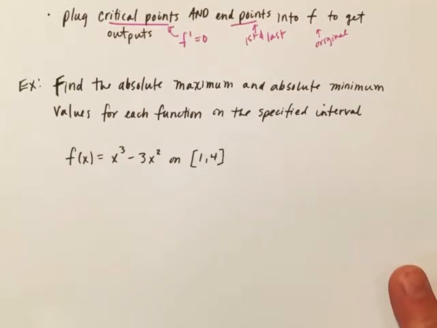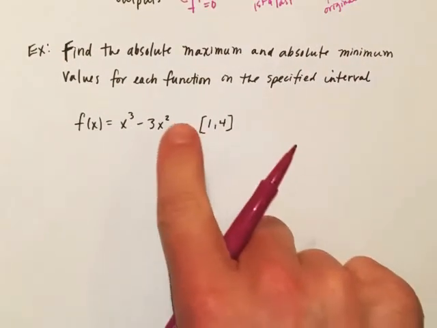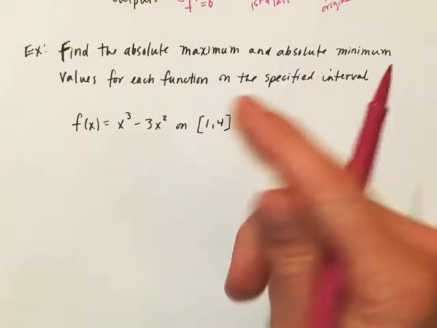We're going to start by finding the absolute maximum and absolute minimum values for each function on the specified interval. The very first function we have here is f of x equals x to the third minus 3x squared, etc. The first thing we have to do is find our critical points.